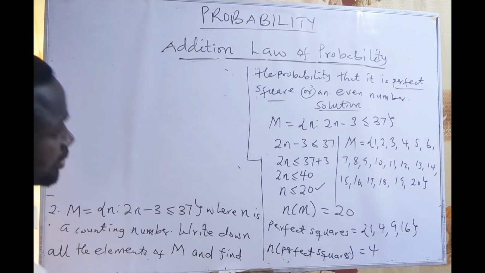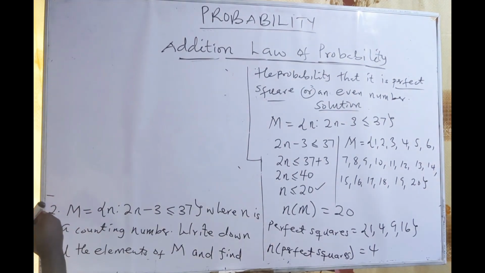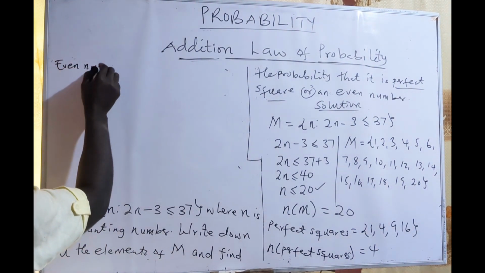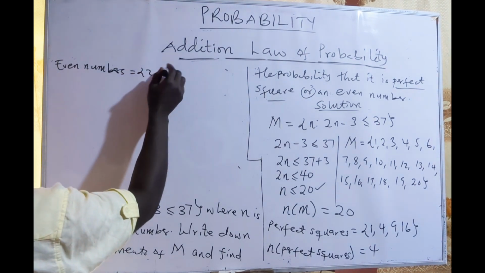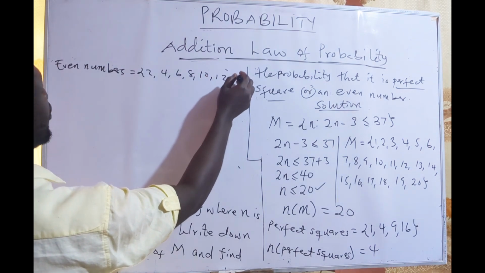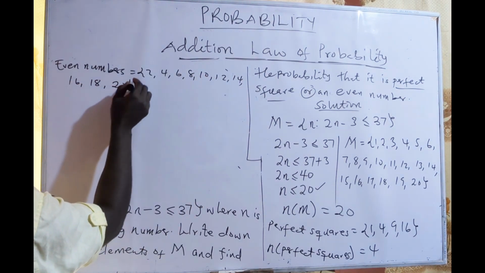Then you also need the even numbers within the set. So the even numbers are 2, 4, 6, 8, 10, 12, 14, 16, 18, 20.